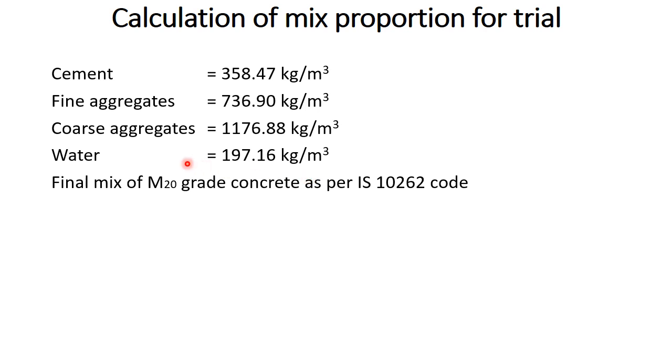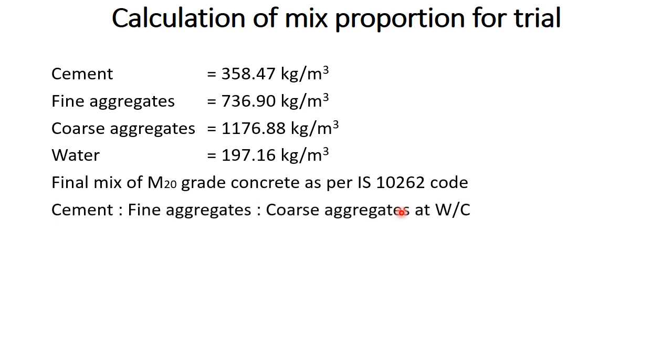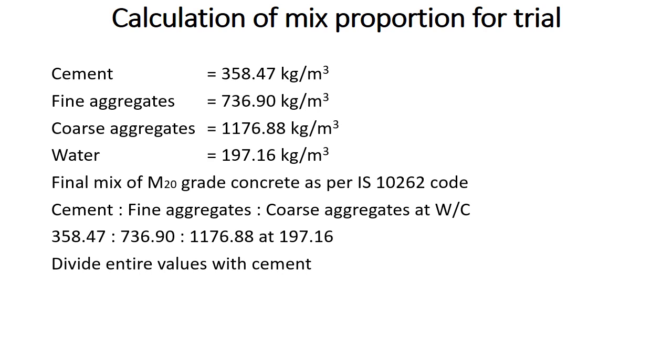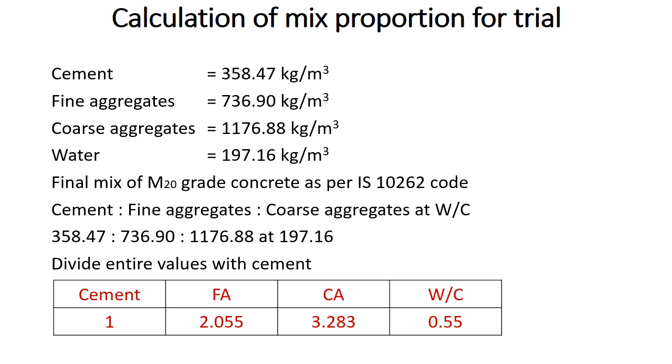For the final mix of M20 grade concrete as per the IS 10262 code, cement to fine aggregate to coarse aggregate at a water cement ratio, this entire value is divided by the cement value. So we finally get 1 is to 2.05 is to 3.283 is to 0.55. This is the actual mix proportion.